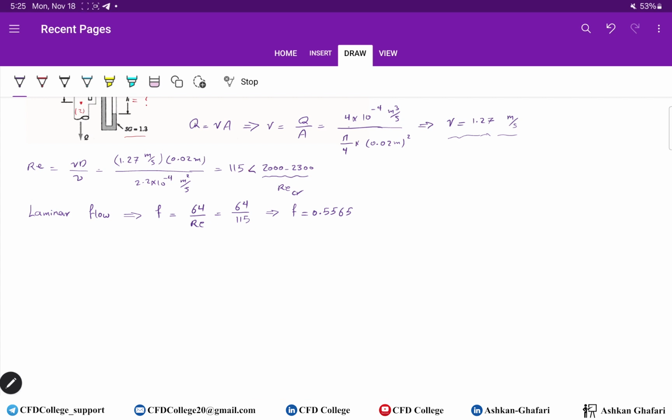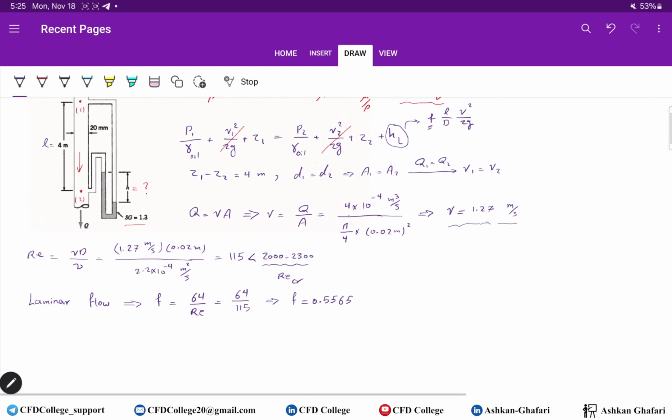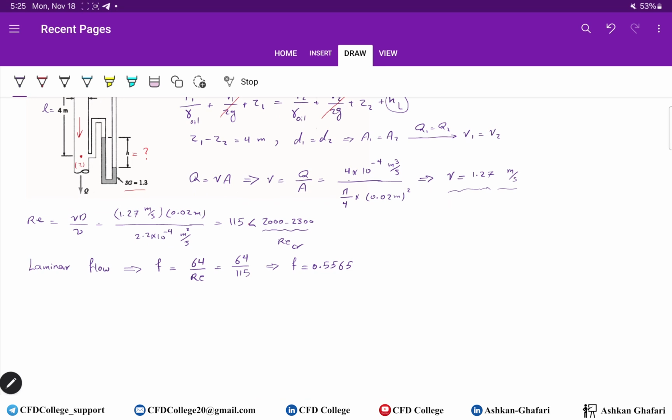Now we have the friction coefficient, so we can solve the energy equation, or let's say we can find HL first. HL, the head loss, equals f, 0.5565, times L over D. L is 4 meters.